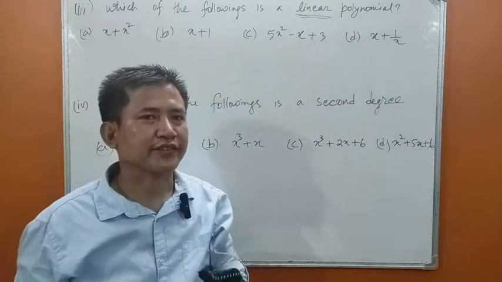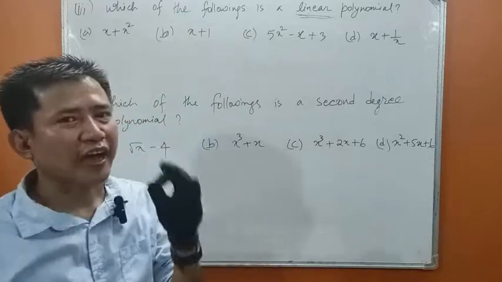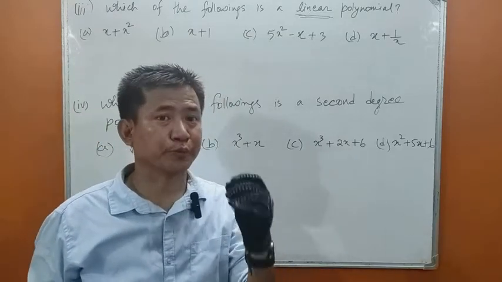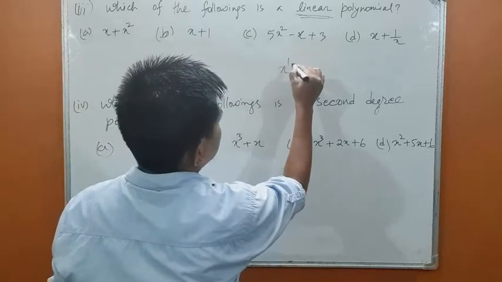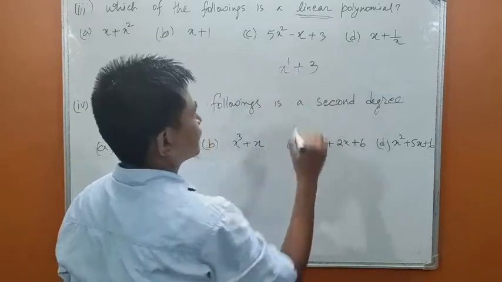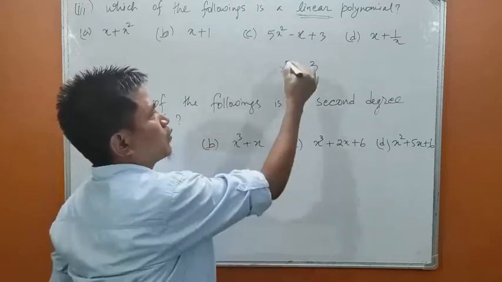First, let us understand what a linear polynomial is. A linear polynomial means the highest power of the variable should be 1. Linear means the highest power of the variable x to the power 1 plus 3. This is a linear polynomial because the power of this variable is 1.